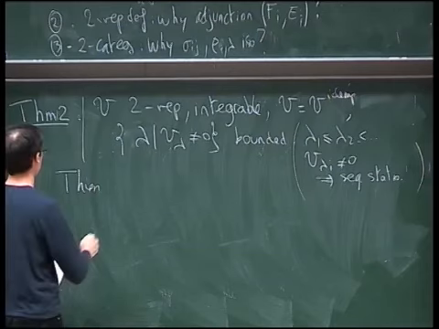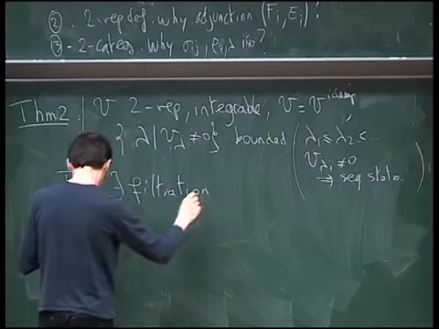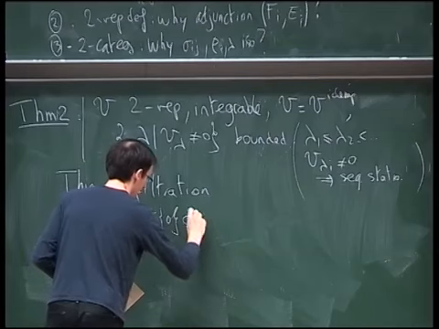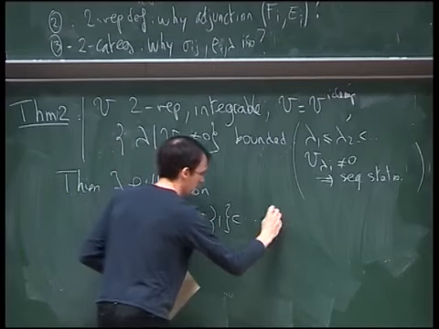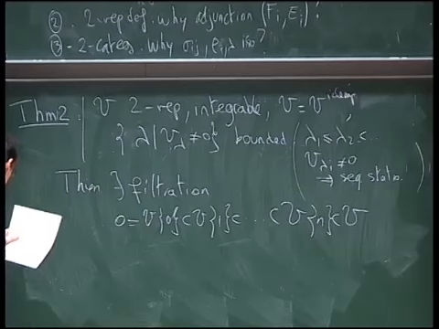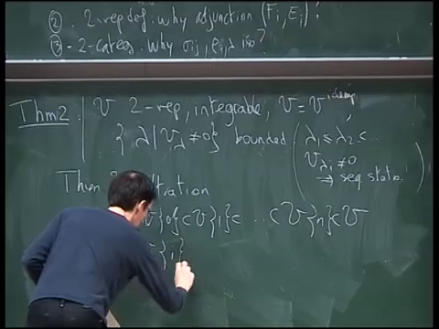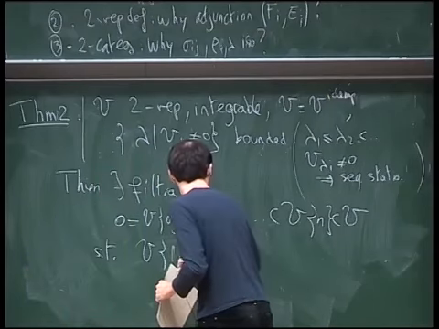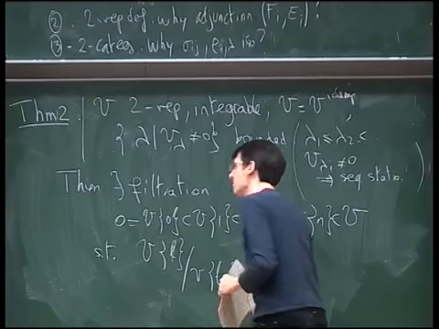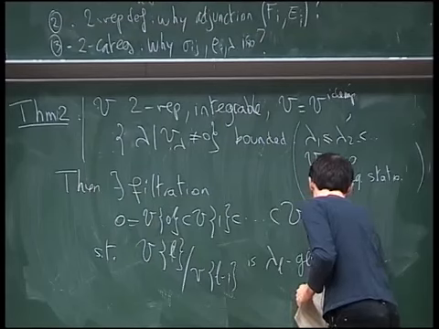Okay, so now there exists a finite filtration, 0 equals V of 0, included in V of 1, included in V of n equals V, such that V of L modulo V of L minus 1 is lambda L generated for some lambda L.